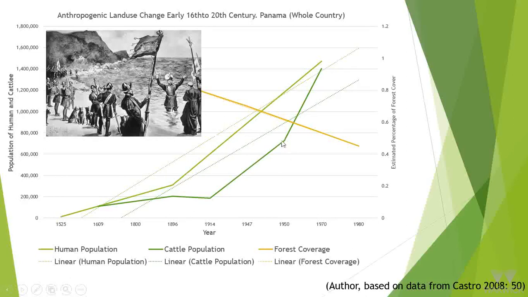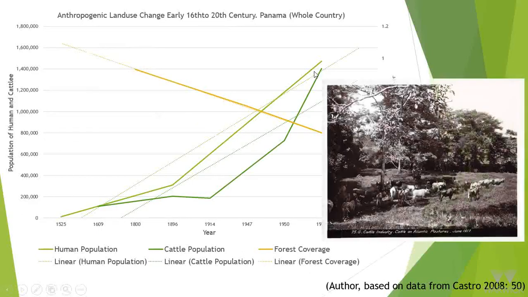Particularly around 1950, something is happening in terms of the injection of finance into cattle ranching as part of an export market as well as domestic consumption. So the human population and cattle population grow.